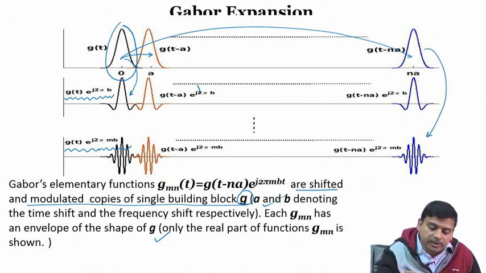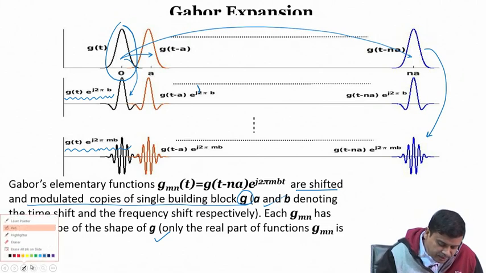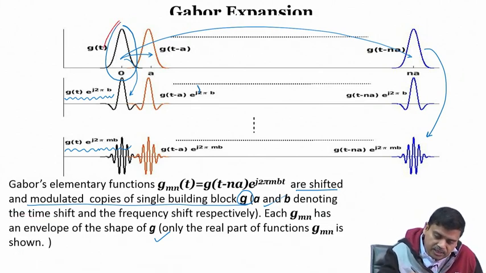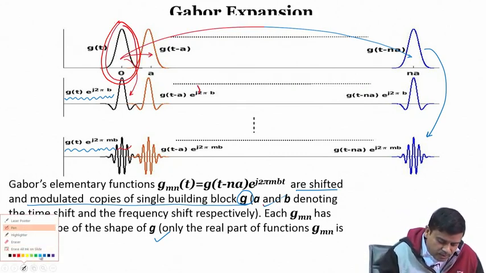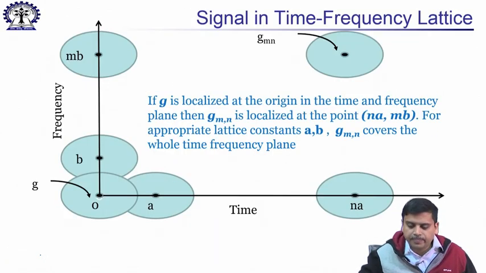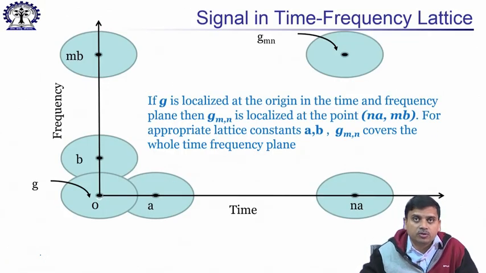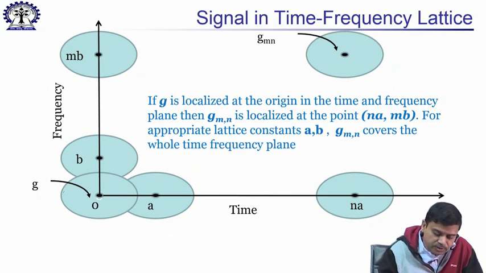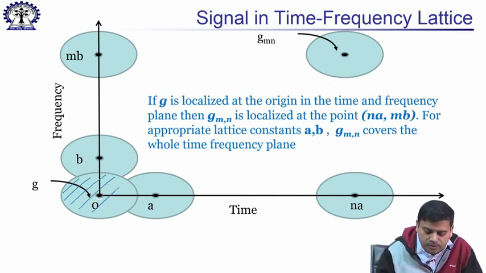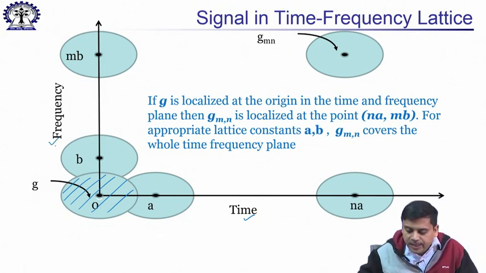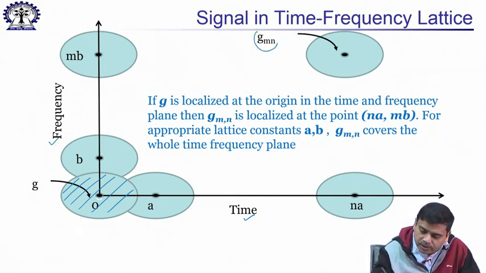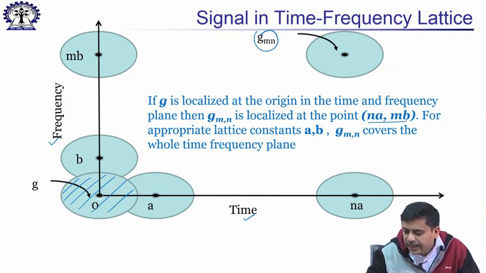So, by using this base elementary function, one can actually cover the entire space, and one represents such a thing pictorially in this manner. If g is localized in the origin in the time frequency plane, then gmn, which is of our concern, is localized at the point coordinate na, mb.